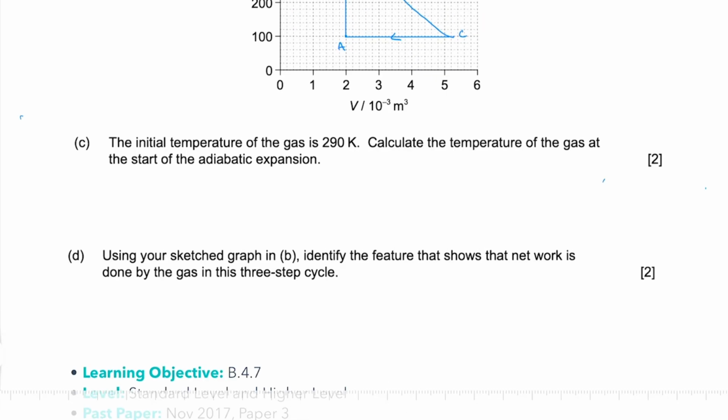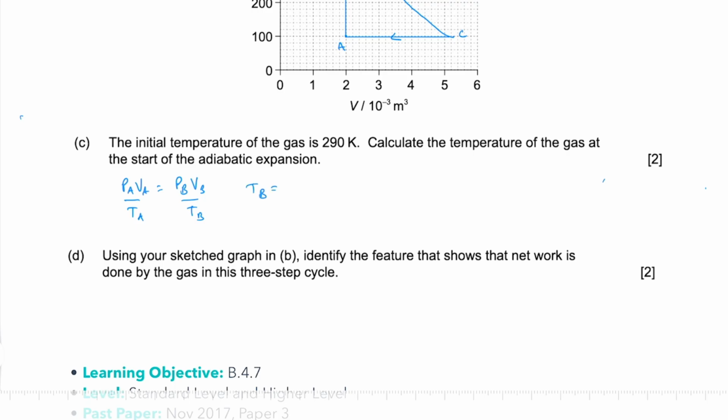C. The initial temperature of the gas is 290 Kelvin. Calculate the temperature of the gas at the start of the adiabatic expansion. So we want to calculate the temperature of the gas at B. We can use this equation here, and we want to find out what TB is.